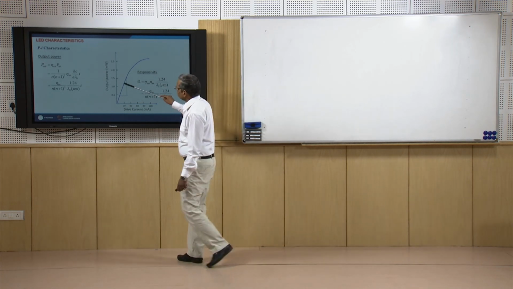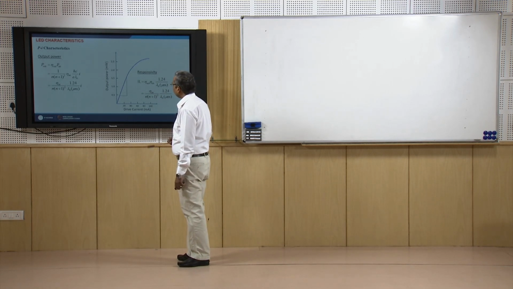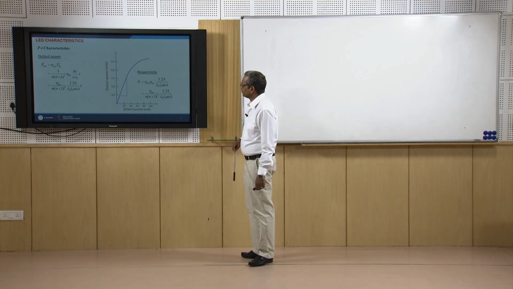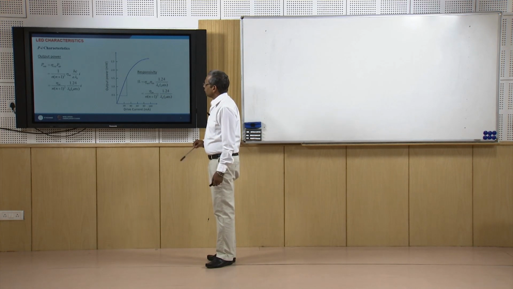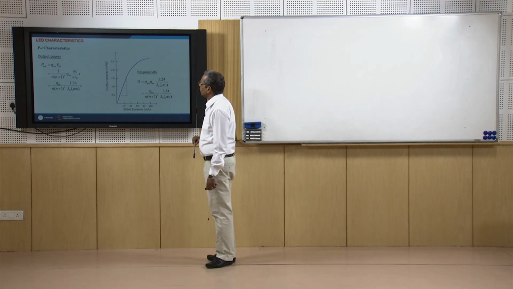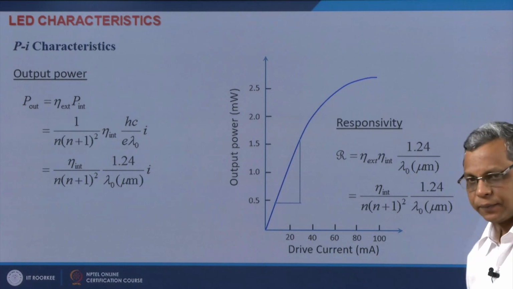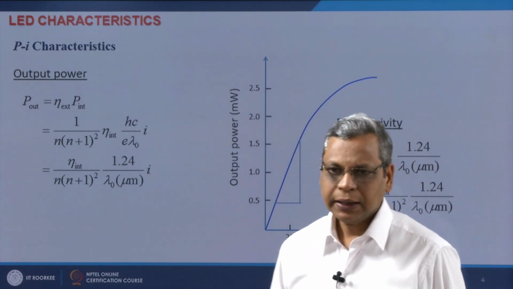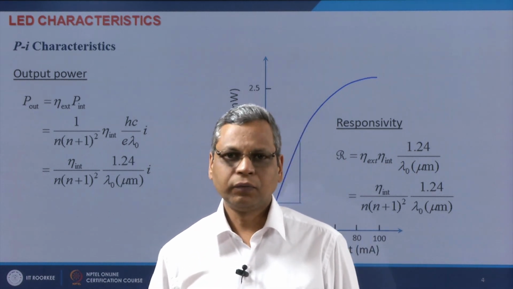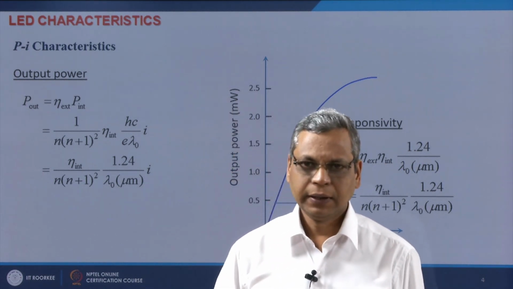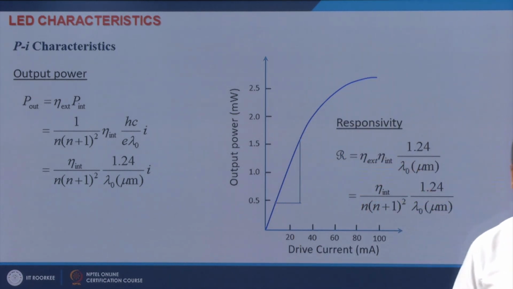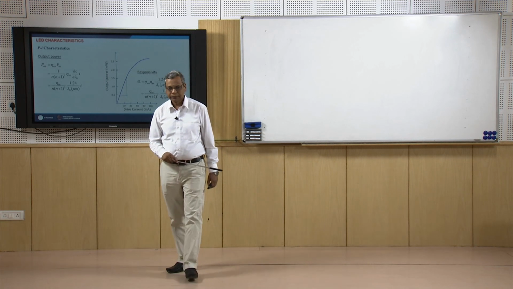If I look at this region, then I can define the responsivity of an LED by this. What is responsivity? Responsivity is simply the slope of this. Responsivity of a device is basically response of the device for a given input. Here the response is output power and the input is injection current.